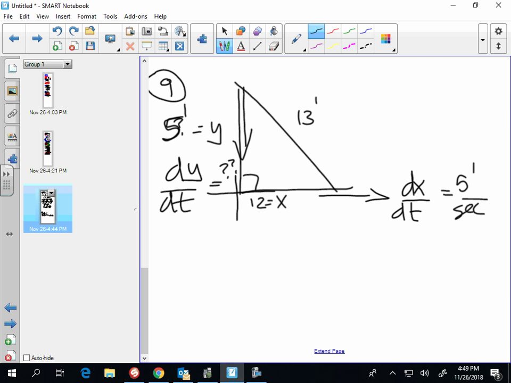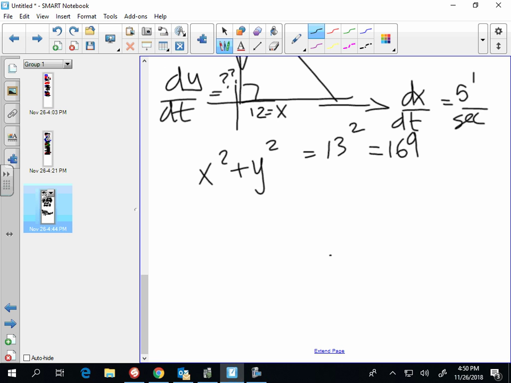Okay, so do we have a relationship here? Sure, it's still the Pythagorean theorem. This time, however, 13 is a constant, and I plug that in at the beginning of the problem. So I'm going to have x squared plus y squared equals 13 squared, or 169. Now, when I take the derivative, it will be 2x dx/dt plus 2y dy/dt.